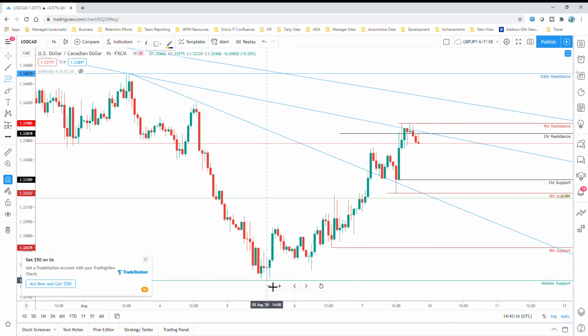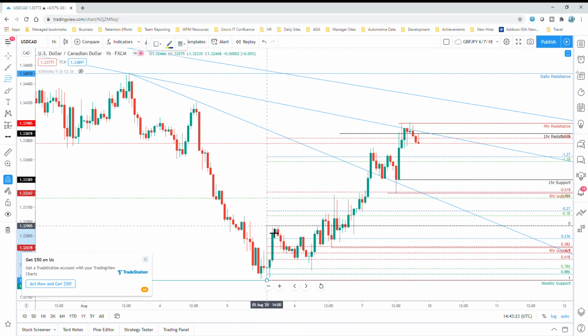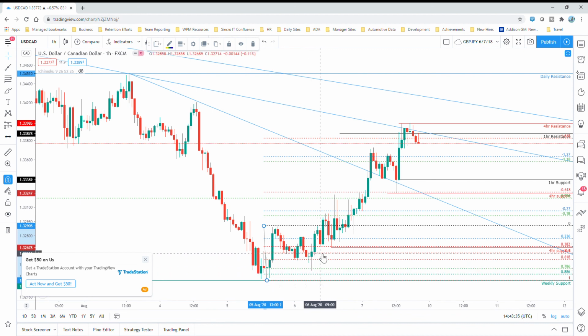We'll start at the swing low again, and draw it to the first swing high, which is right here. Price pulled back to 78.6, and momentum really took this out.